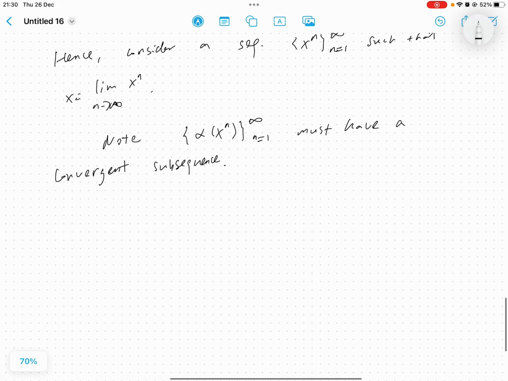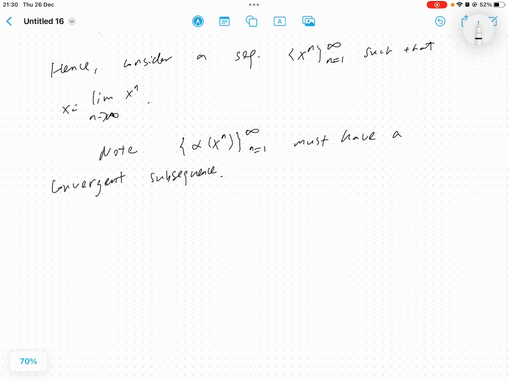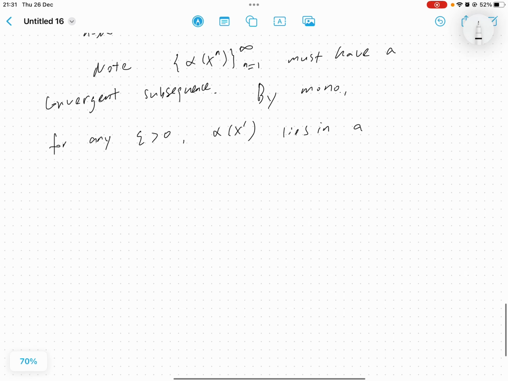Now we're going to show this. By monotonicity, we'll write this in short, for any positive number epsilon, alpha x prime lies in a compact subset of R plus. Compact means it's closed and bounded.